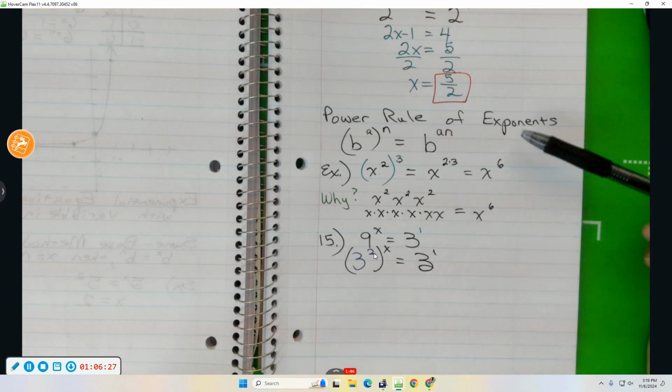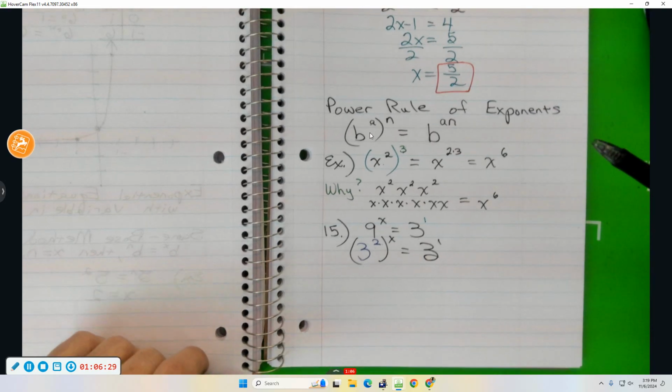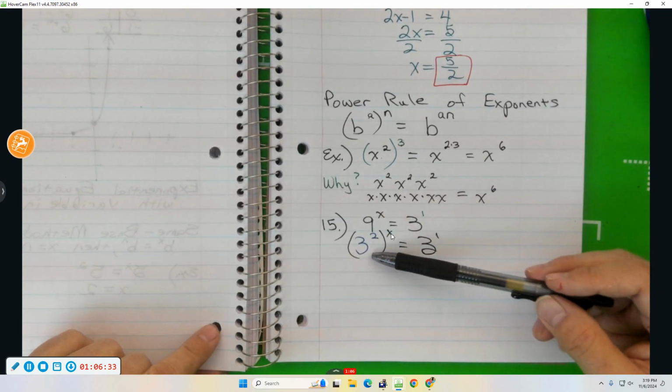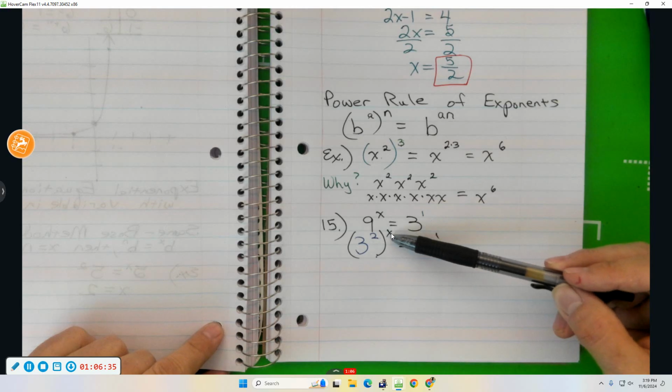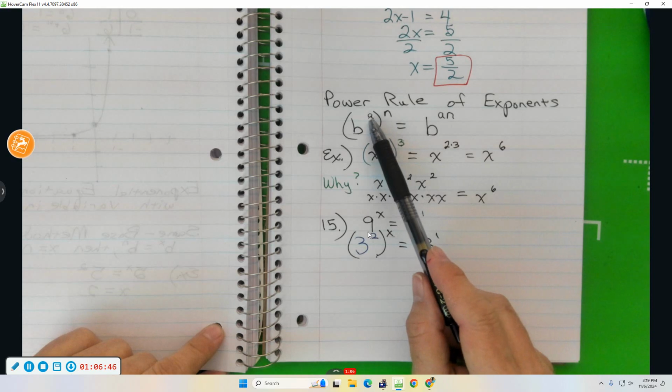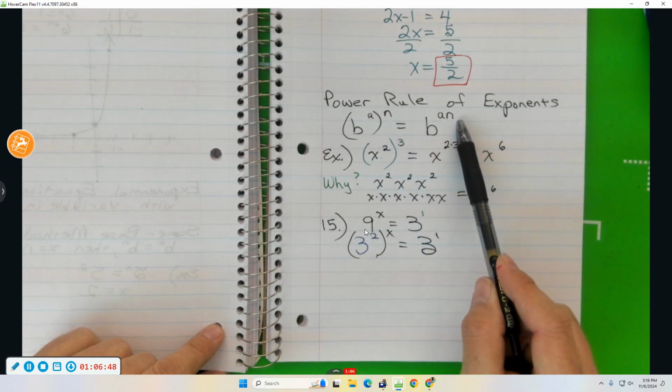Why did I mention this power rule of exponents? What have we got here now? 9 was replaced with 3 squared, but we still have that exponent of x. A power raised to a power, what do you have to do?